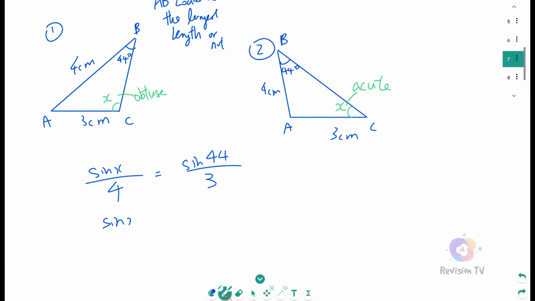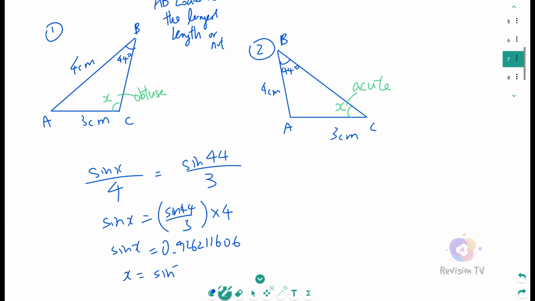Multiply the 4 across. You get 0.926211606. That's your sine x. And then you inverse sine it, you'll get 67.9 degrees.